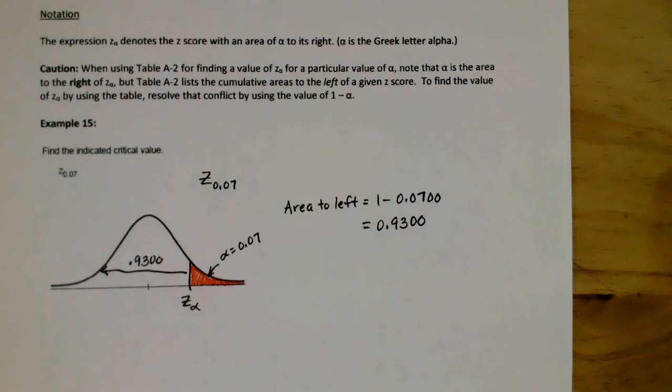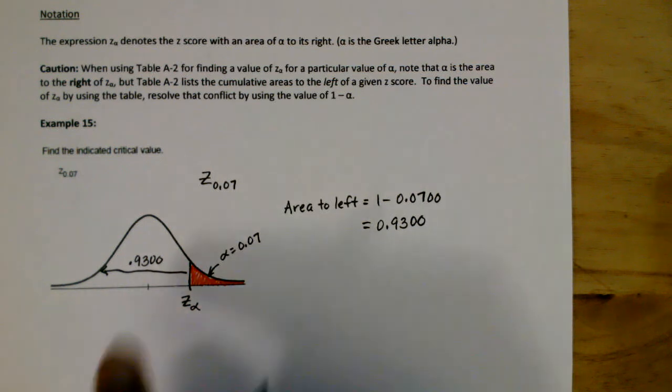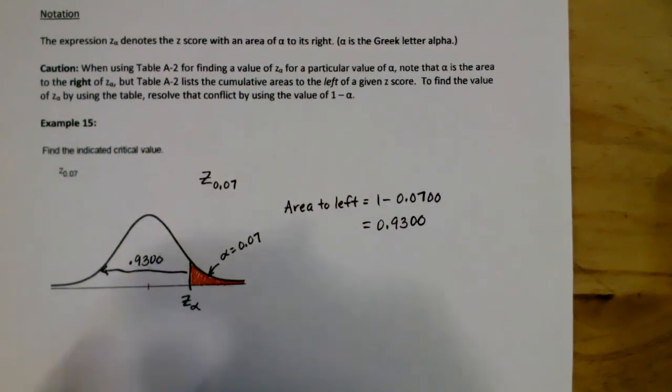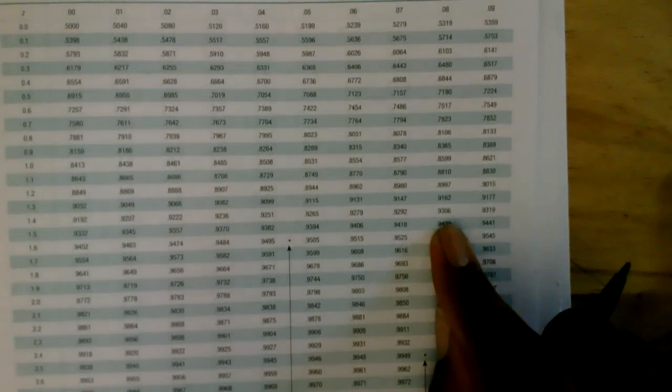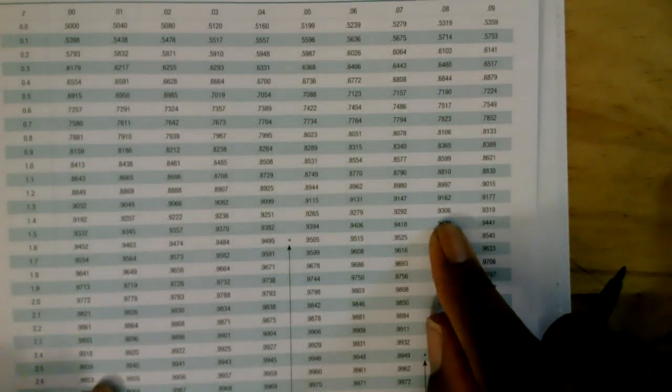So now we're going to use table A-2. 0.9300 is bigger than 0.5. So we have to use a page that says positive z-scores, which is this. And we're going to find a value that's close to 0.9300. Let's see, in this case, 0.9306, which is right here. 0.9306 is closest to 0.9300.